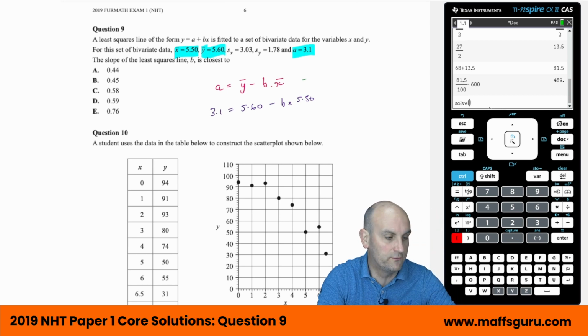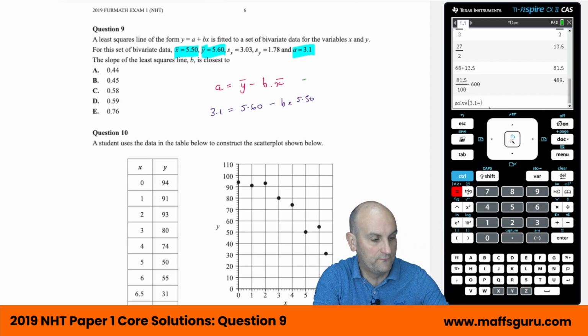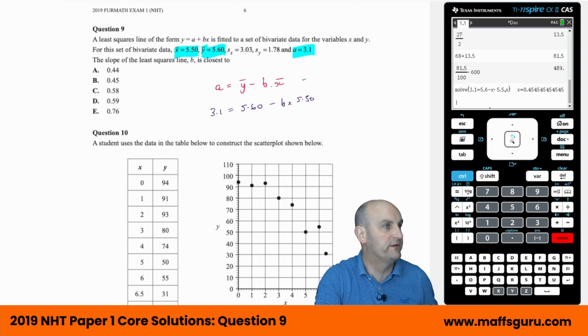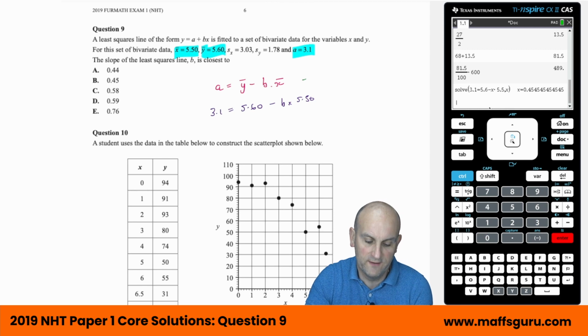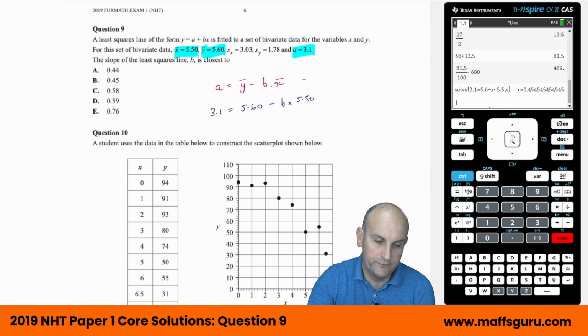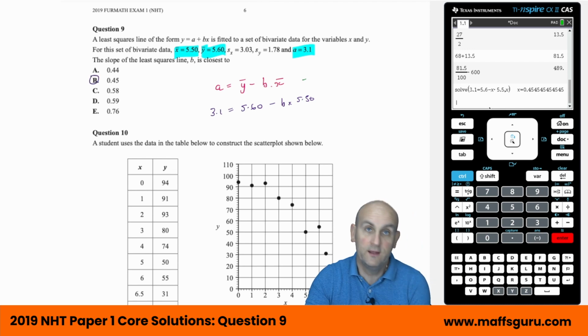Solve 3.1 equals 5.6 minus x times 5.50, comma x, to say solve for x, and out comes a value of 0.4545454545, and so it wants it closest to, so question number 9, the answer is B.